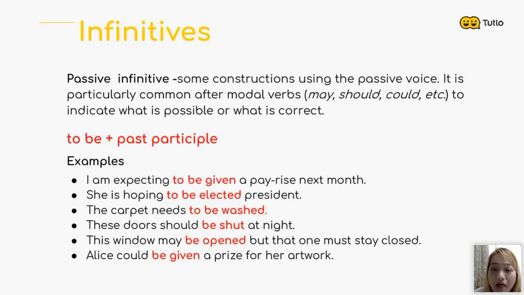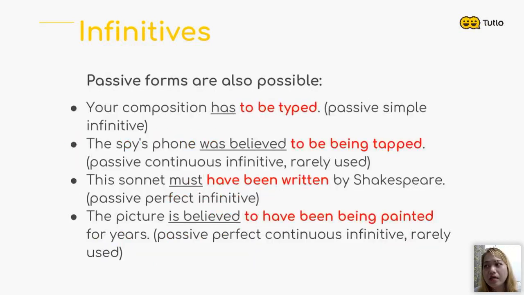You got me? And also, there are other forms of infinitives as well, but these are not, let's say, the most common. For example, the passive simple infinitive, like your composition has to be typed, or the passive continuous infinitive, which is rarely used, as you can see. And we also have passive perfect infinitives, and the passive perfect continuous infinitive.